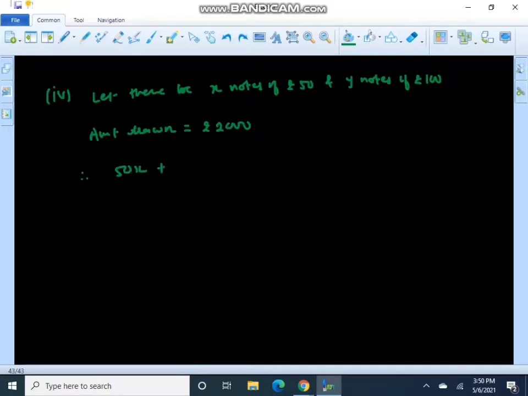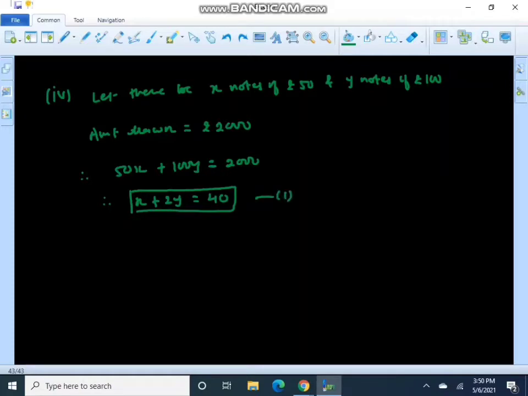And if there are y notes of 100 rupees, then 100y is the total amount. And दोनों को मिला के ये 2000 हो रहा है, it is given. ठीक है, यहाँ से 50 कॉमन आ जाएगा. तो 50 सीधा रिड्यूस कर दो यानी 50 से डिवाइड कर दो, तो x plus 2y is equal to 40. ओके, यहाँ 40 बचेगा. क्लियर है ना भाई? So this is first equation.